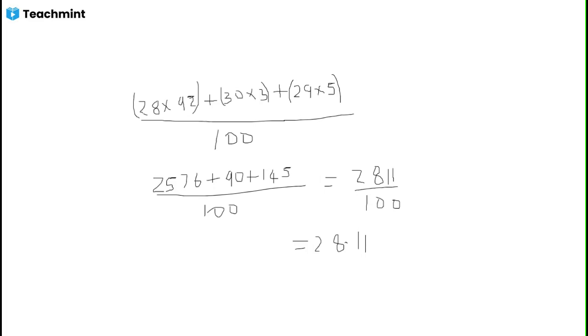So jibu yetu lazima, it must be closer to 28 than any other isotope. Kumaanisha tumepata, kwa sababu 28.11 is closer to 28 more than any other. Sawa sawa? Yes. Very good.